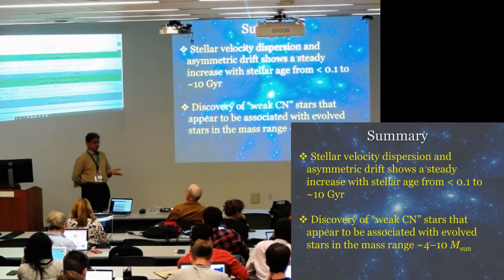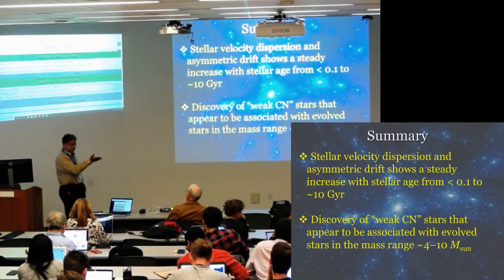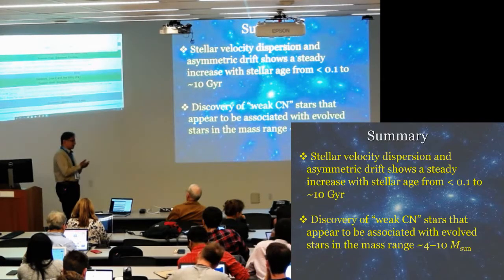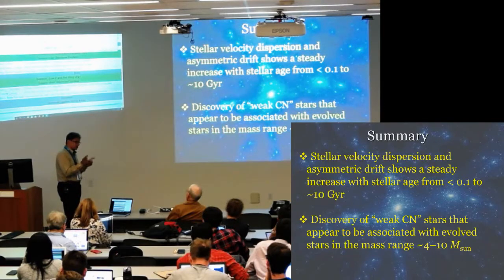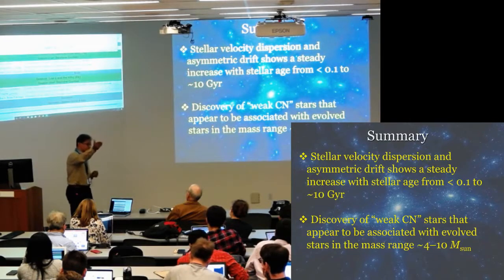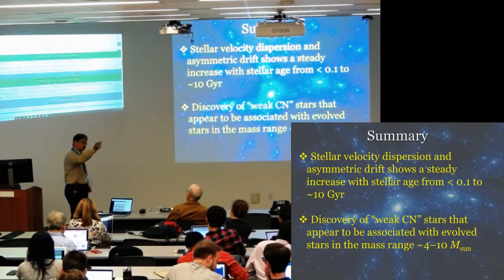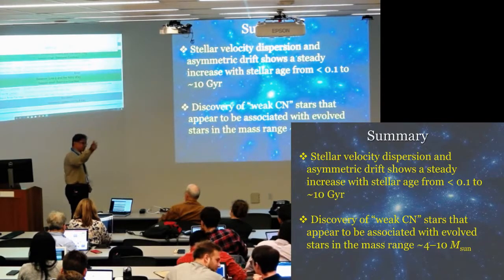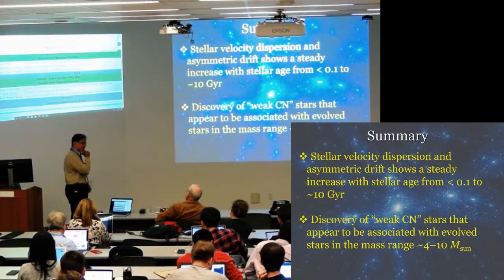I think that's exactly what they are, but there's some cool things about this. I said they're associated with a more massive population, and the evidence points to that, yet they're twice as numerous as the carbon stars. So this says to me that the third dredge-up that produces carbon stars is a smaller fraction of intermediate mass stars' lifetimes, and these are of the 4 to 10 solar mass stars' lifetime.